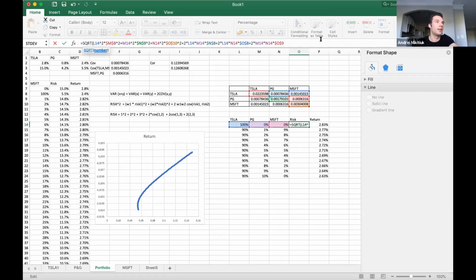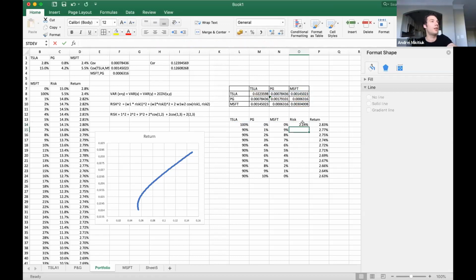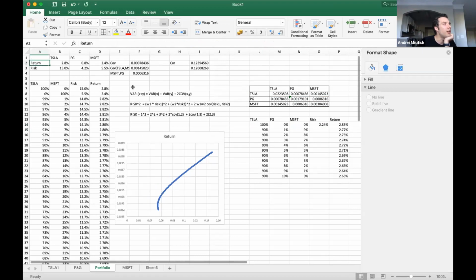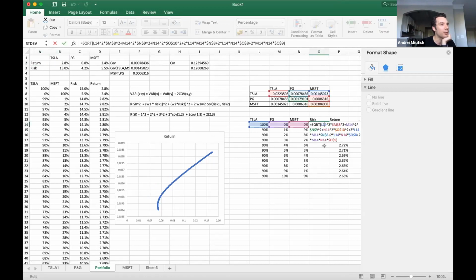That's what we didn't do. Square root of this whole thing, and we see 2 point, and that is 100% Tesla, and that is weird because that should be exactly 2.8 because everything else would be zeros.